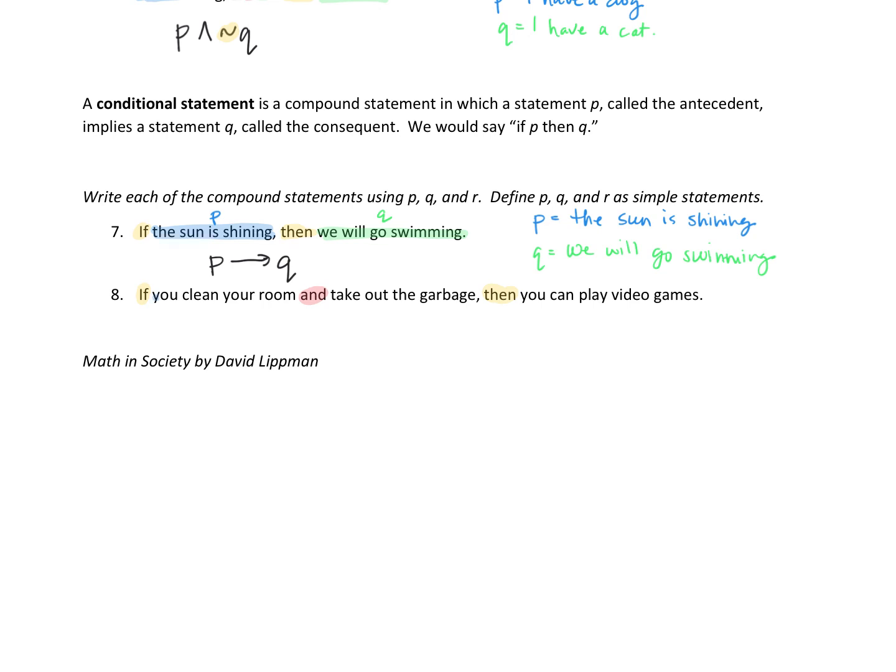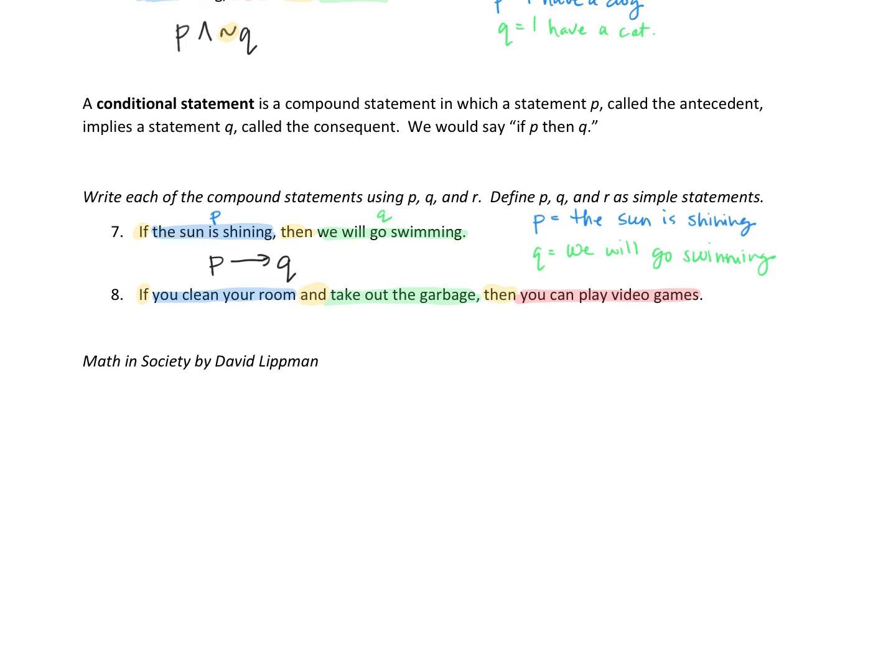So you clean your room. That's a simple statement. You take out the garbage. That's another simple statement. And then we have, let me change this and to yellow. And then we have, you can play video games. So that's another simple statement.